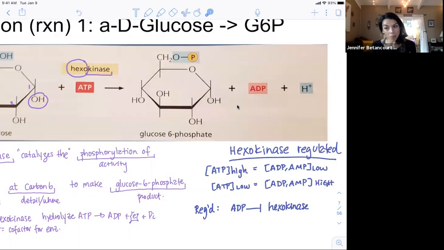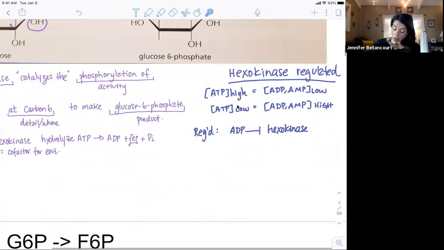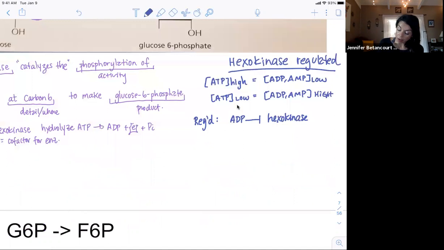So remember, a downstream product going back to inhibit an earlier enzyme is an example of negative feedback, right? So not only do ADP and AMP negatively regulate hexokinase allosterically, you also have G6P.